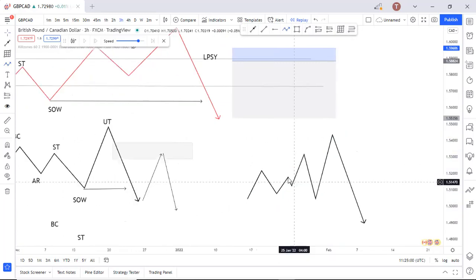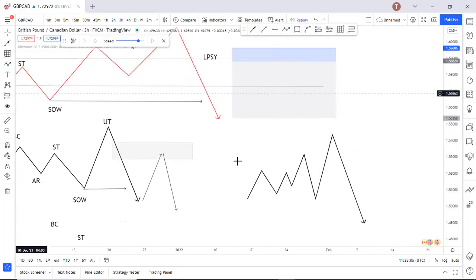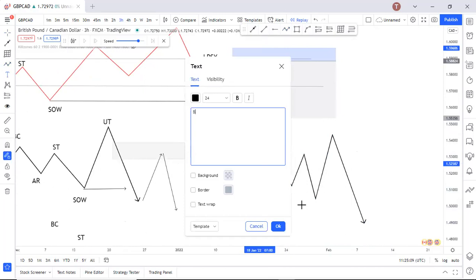So in this scenario now, we can see the sign of weakness. Let me label that first. Buying Climax, AR, ST, UT, UTAD, and SAL.